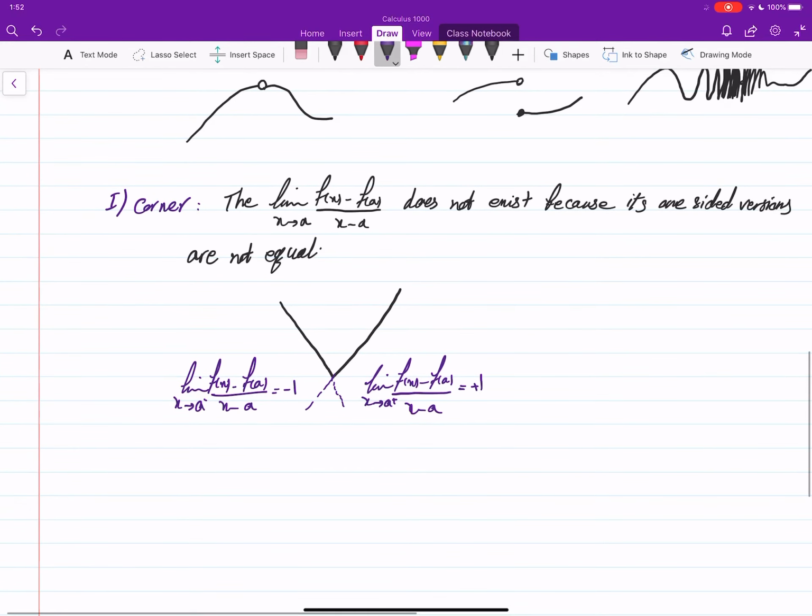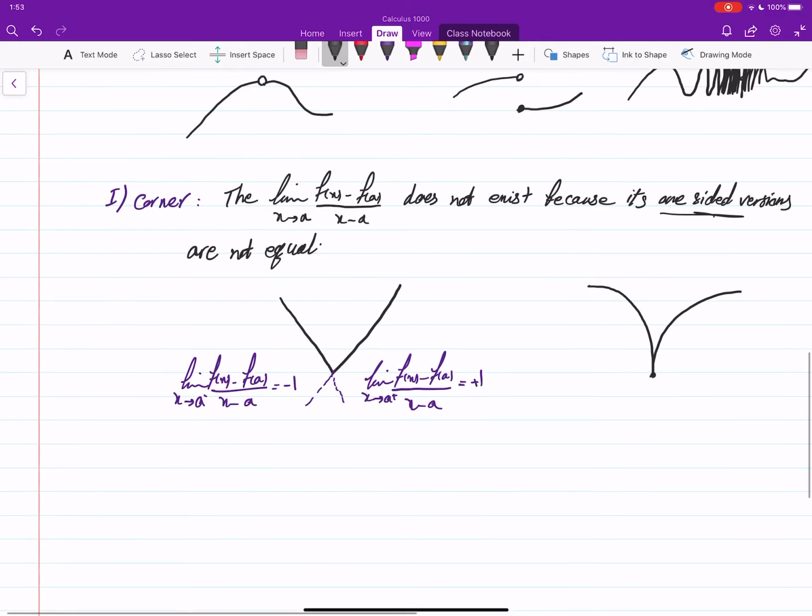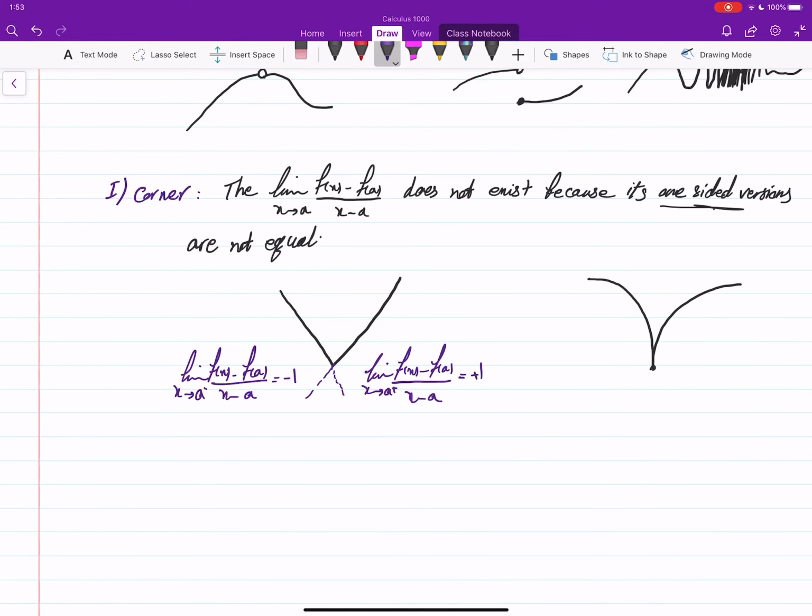Or they could be infinite, positive infinity for example, both of them. So something like this also will work. This is a little bit different than just the two one-sided limits being not equal. When you go this way, this is negative infinity and then it comes up positive infinity. This was the second case.